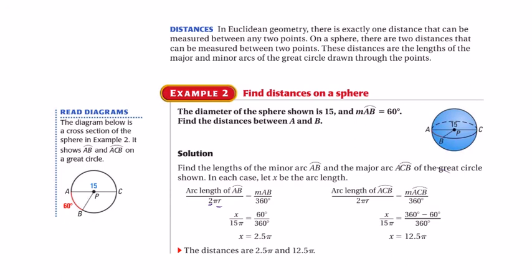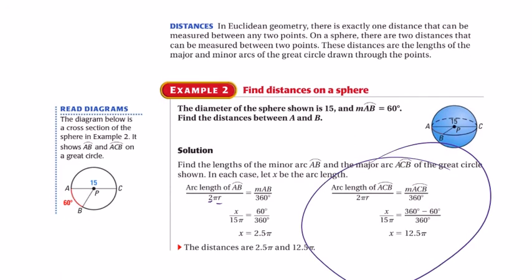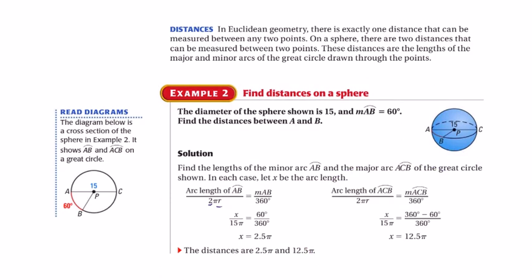And then I do the exact same for the major arc. What we do there is we're still labeling it as x, we still have 15 pi, however, the measure of the arc is a little bit different. We have 360 degrees minus that 60 degrees, which gives us 12.5 pi.